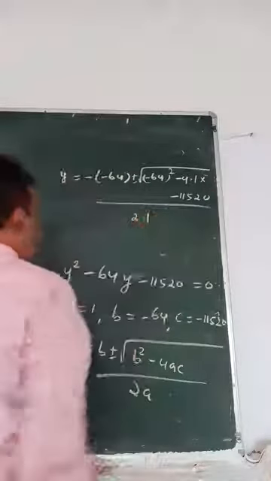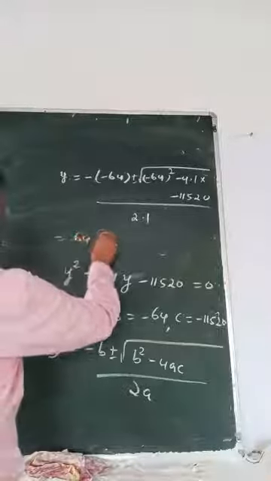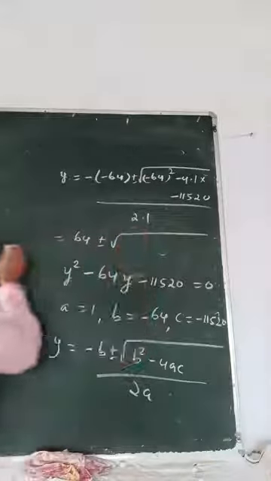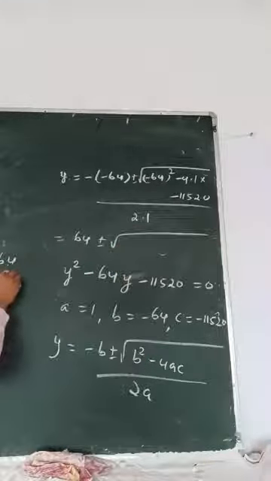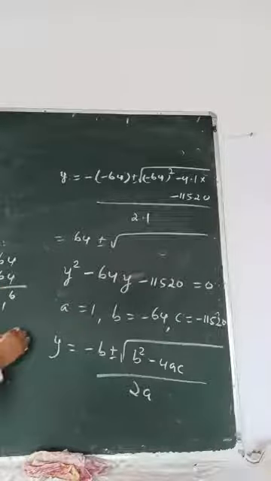This is 64 plus minus root of 64 square, which is 4096.